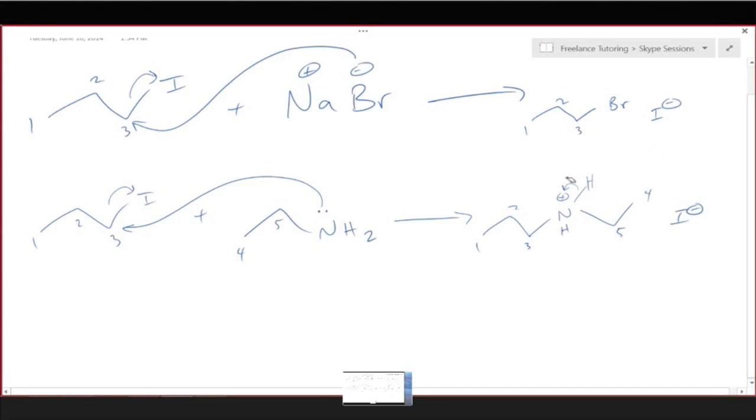So let's draw another example of the NH2 and use that as the base. Okay, great. Let's draw the product from that step.